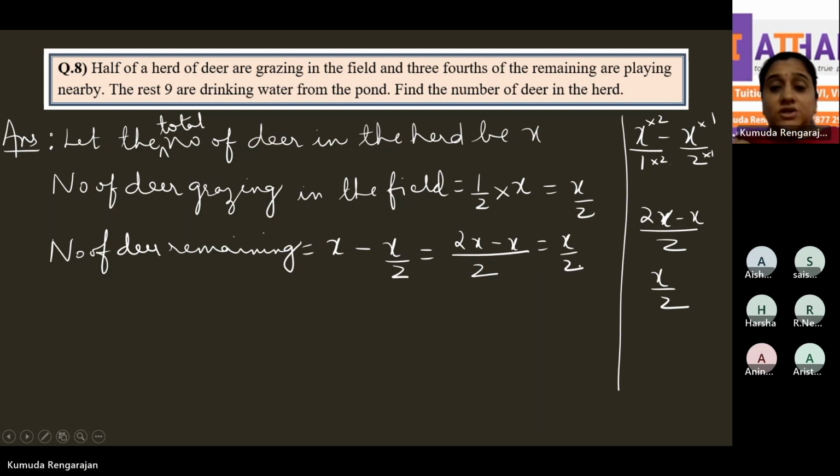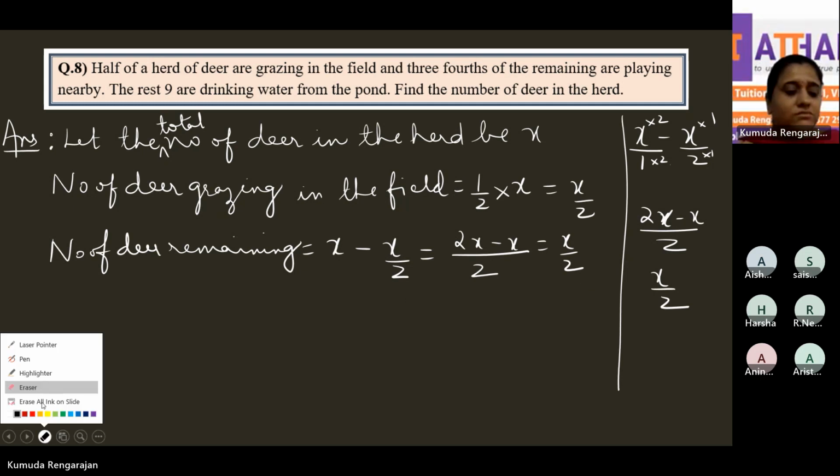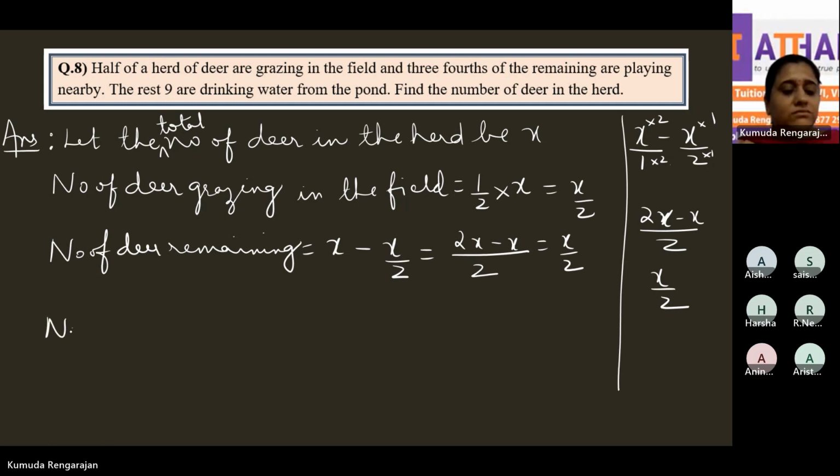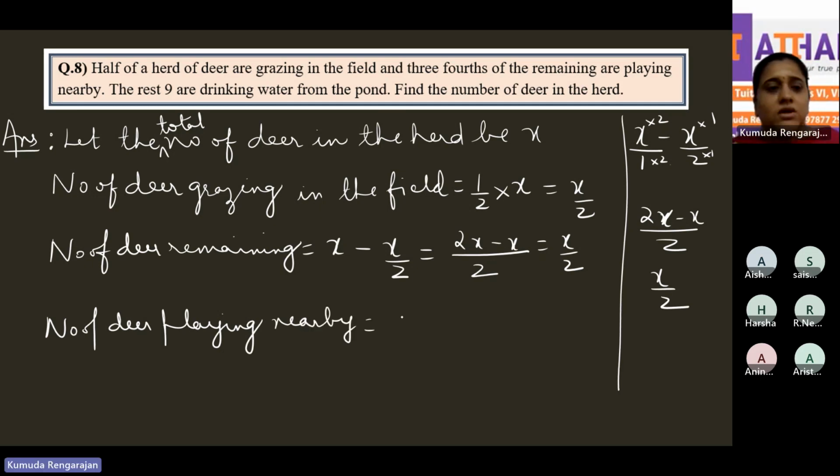Now, 3/4 of the remaining. So this is what is remaining. 3/4 of the remaining are playing nearby. So the number of deer playing nearby is equal to 3/4 of the remaining.